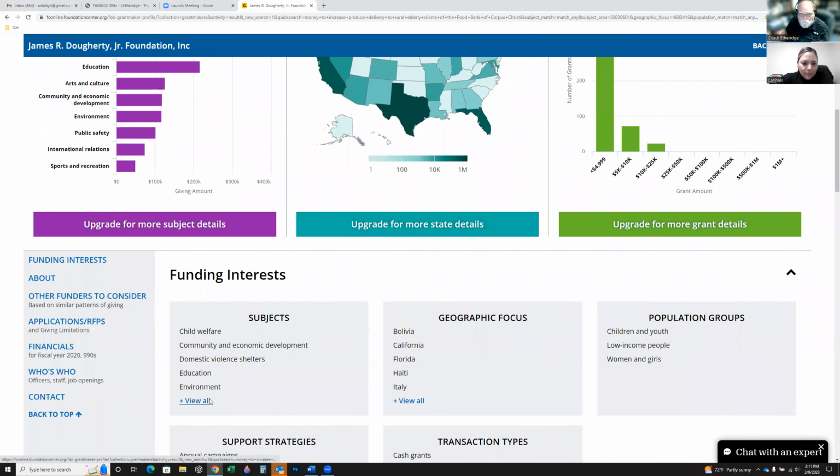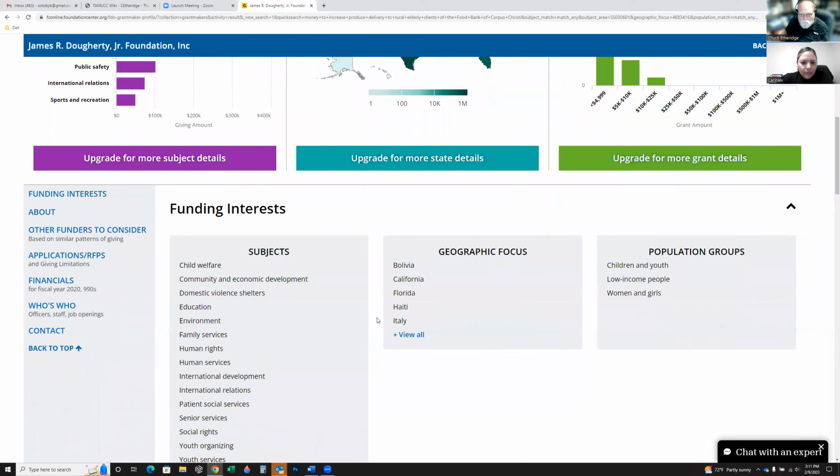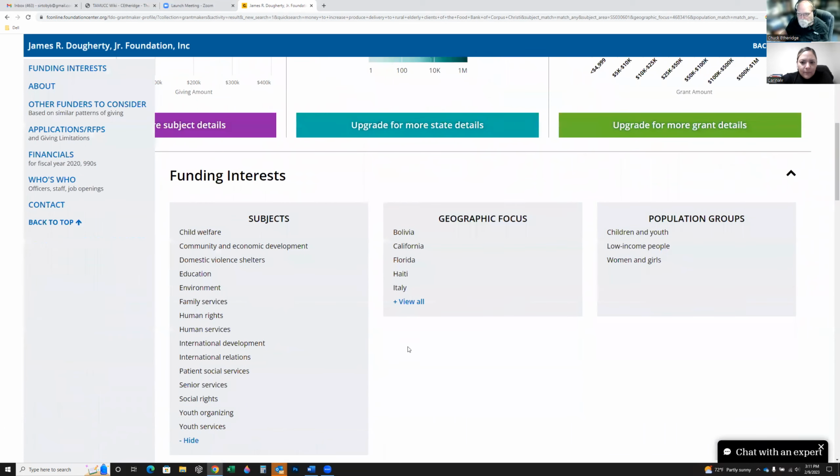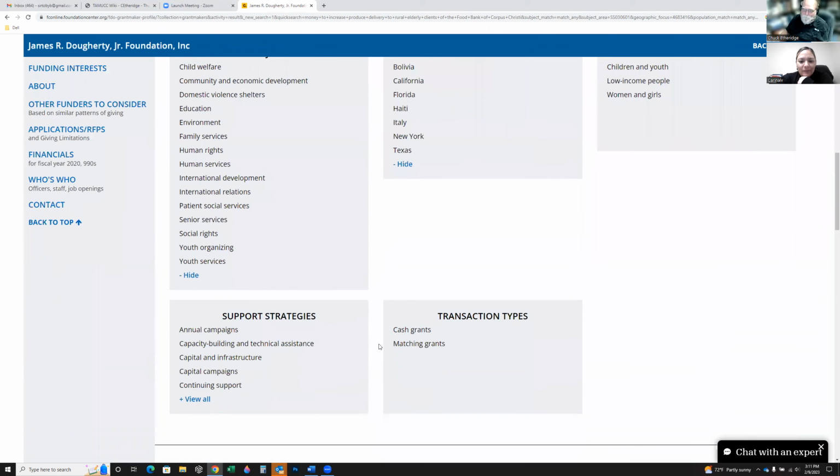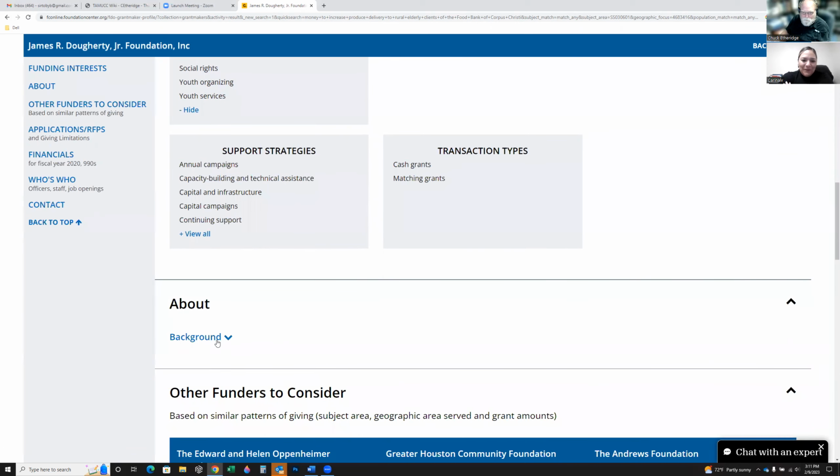Human services. This is interesting: Bolivia, California, Florida, Haiti, Italy, New York, and Texas. Low income people. I have no idea what their interests are, but cash grants, matching grants.